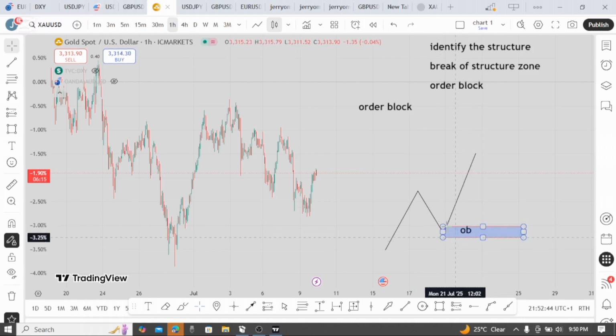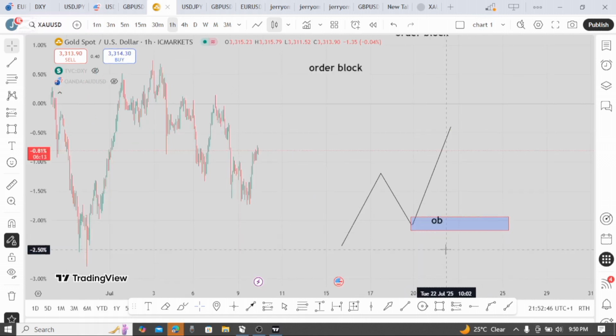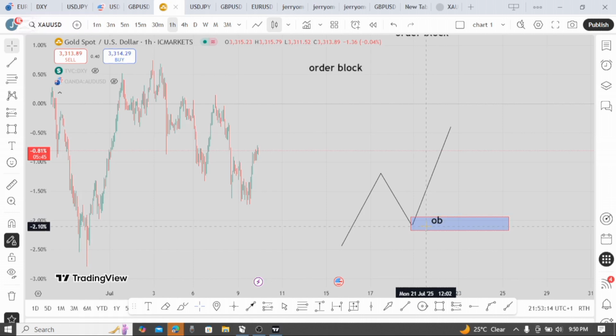The last sell candle or the last red candle in a bullish market structure, the last sell candle at this particular zone, is called our bullish order block. This is the order block here. This is our order block in the bullish structure. The last sell candle at the higher low is called our order block in the bullish market structure.